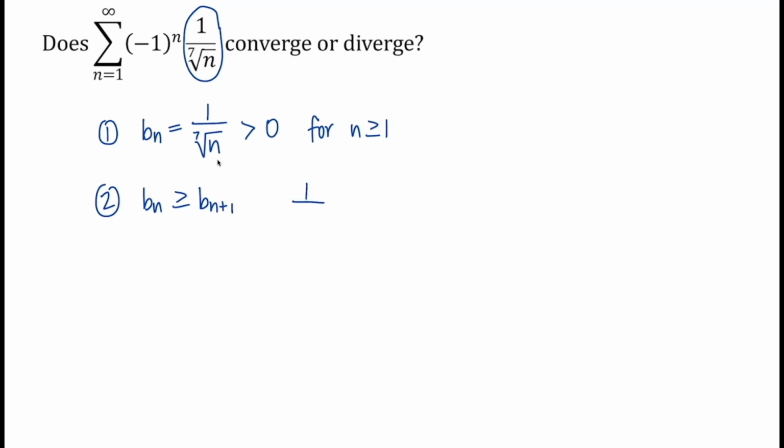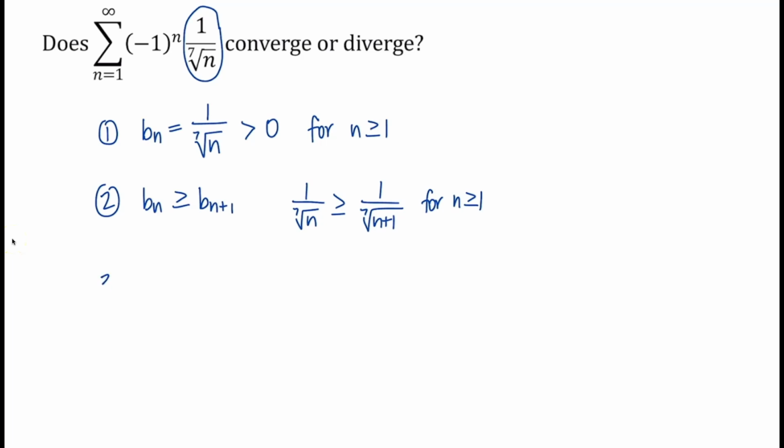We have 1 over the 7th root of n compared to 1 over the 7th root of n plus 1. And because the denominator here is bigger, the overall fraction is going to be smaller. So we do have the correct direction on the inequality for values, again, n greater than or equal to 1. But basically, we just needed this to occur eventually, and it happens for all n greater than or equal to 1.